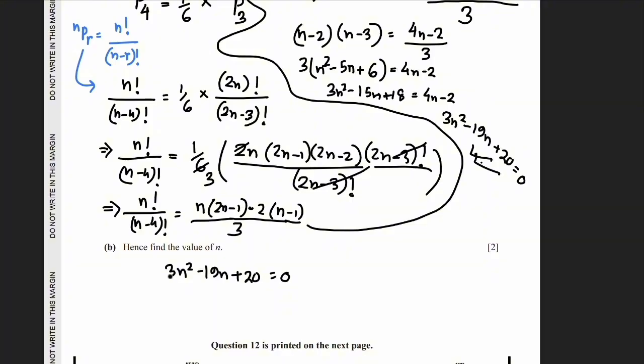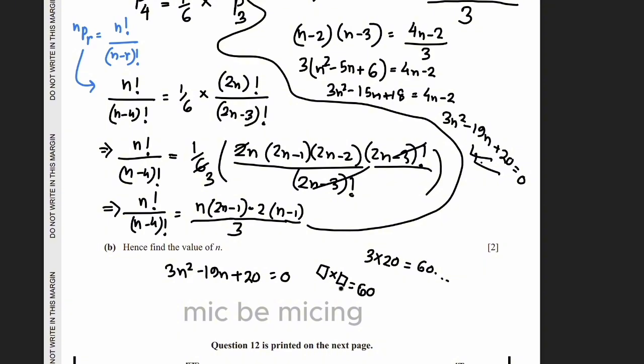Okay, so to do this, we are first going to multiply 3 and 20 and get 60. So 60 is our thing. We have to find two numbers that multiply to 60 and add to minus 19: minus 15 and minus 4. So let's use them.